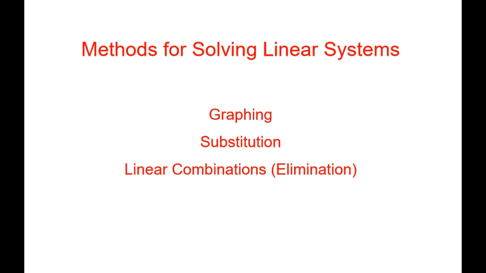We substitute one equation into the other equation and then just have a linear equation with one variable that you can solve. The last one is called linear combinations, also referred to as the elimination method. If we have two variables x and y, we try to get it down into one variable, either x or y, and then we can solve for a single variable.